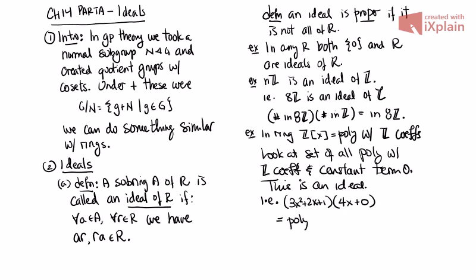This is a polynomial with constant term 0. And this will happen no matter which two polynomials you use, as long as you take one thing in the ideal, something with constant term 0, and multiply it by any polynomial in the world, you will get something with constant term 0. So these are three very, very simple examples of ideals, but they're three good examples nonetheless. So next we want to have a test for ideals.